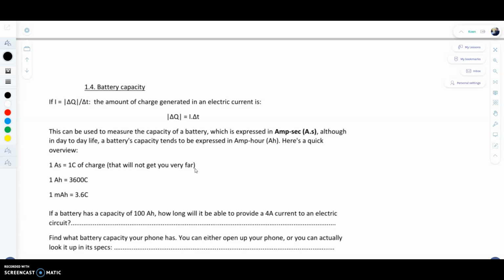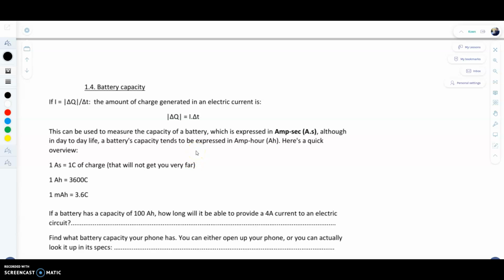It also leads to a next thing, namely battery capacity. Batteries hold a certain amount of charge, and technically charge should be expressed in coulombs. However, if somebody's buying a battery, they would have absolutely no idea what an amount of coulombs worth of charge means.